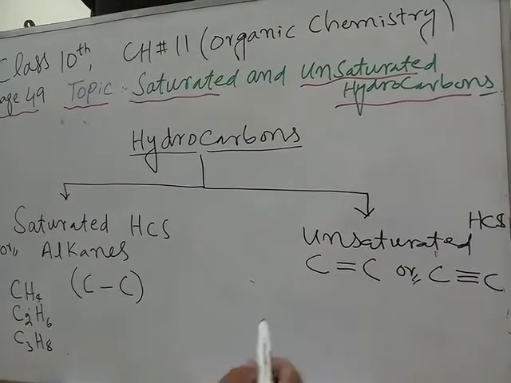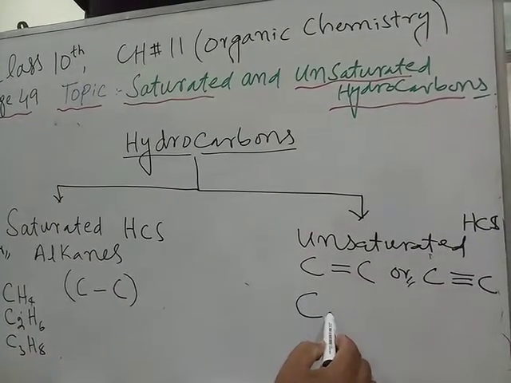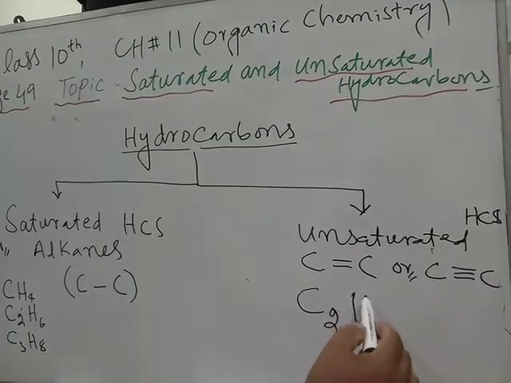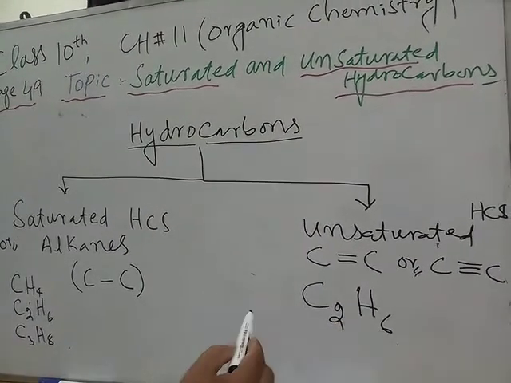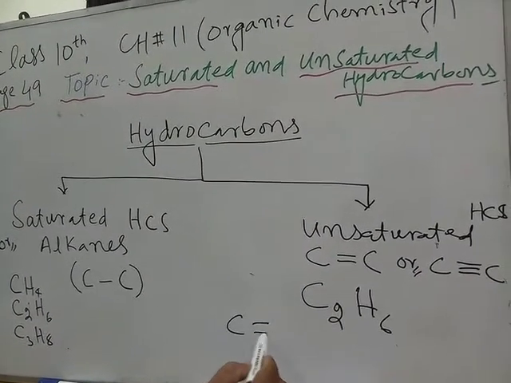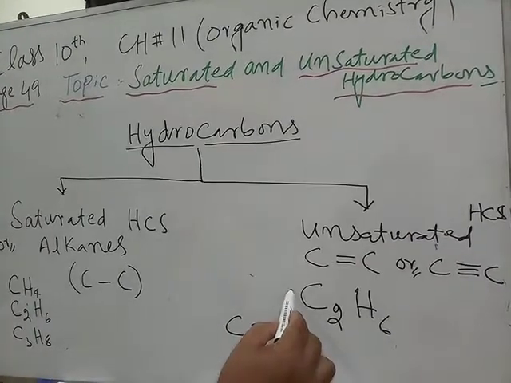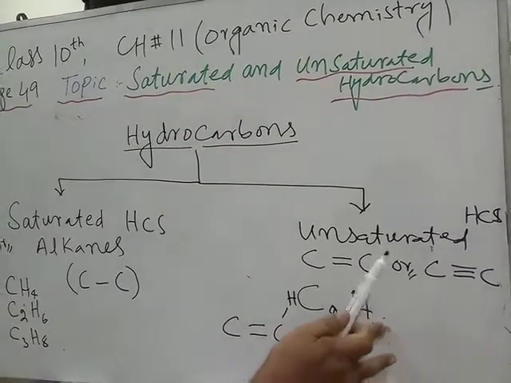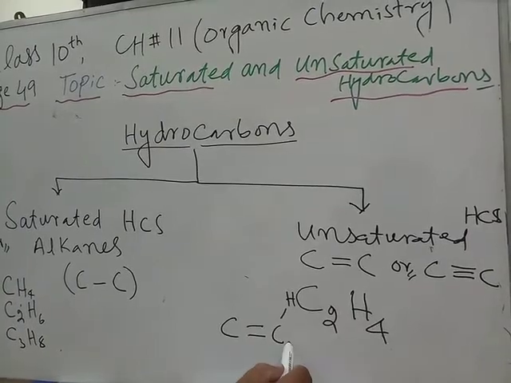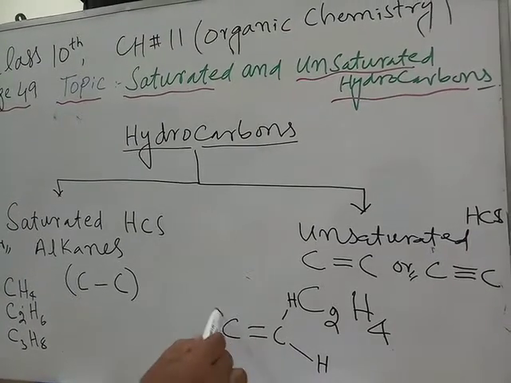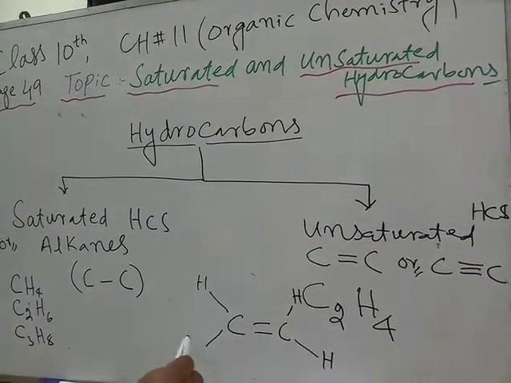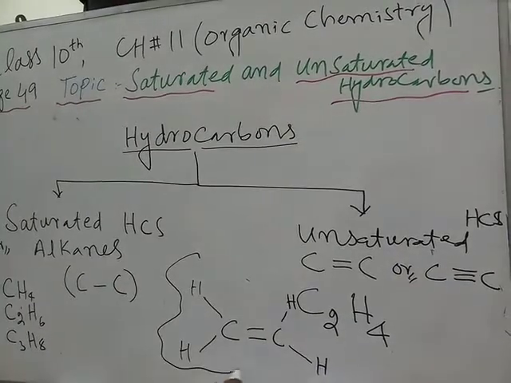Let me give an example of a two-carbon unsaturated hydrocarbon, that is ethene, C2H4. Sorry, C2H4, not H6. Its structure is somewhat like this. So this is the structural formula of ethene.